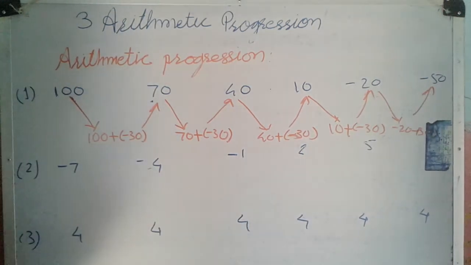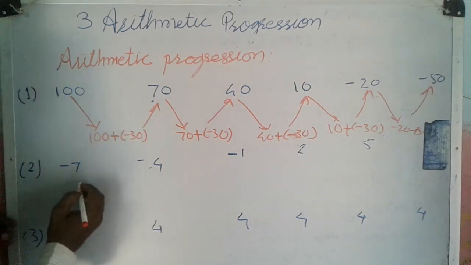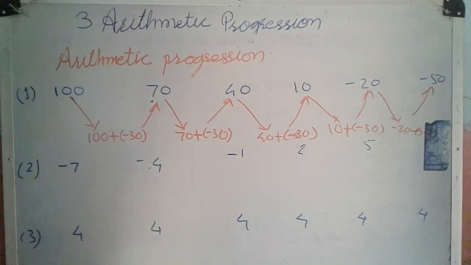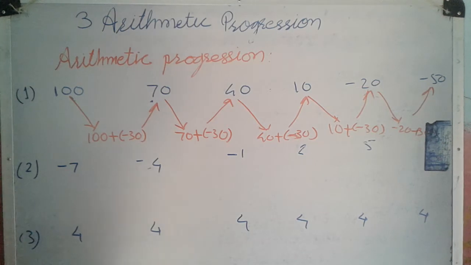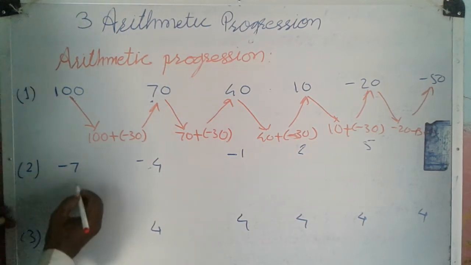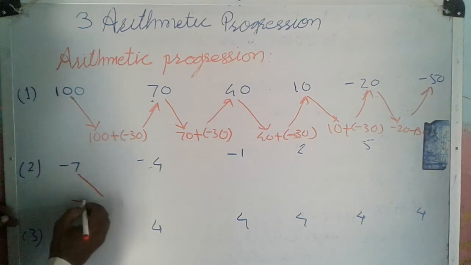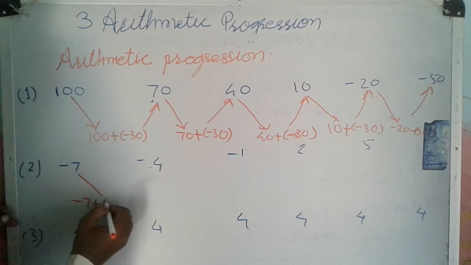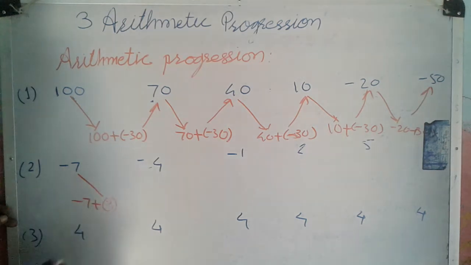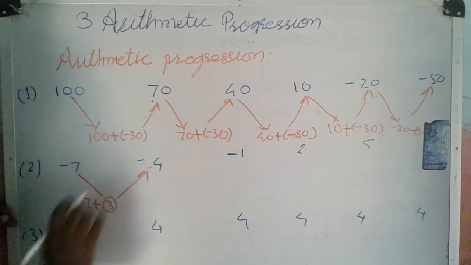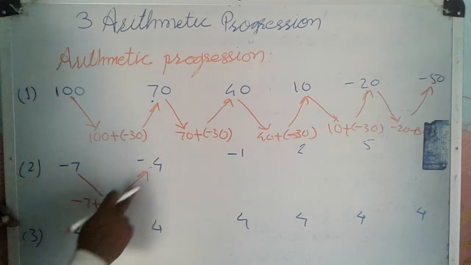Now here also, in the second example, if we add 3 here, plus 3, here we get minus 4. Minus 7 plus 3, minus 4.